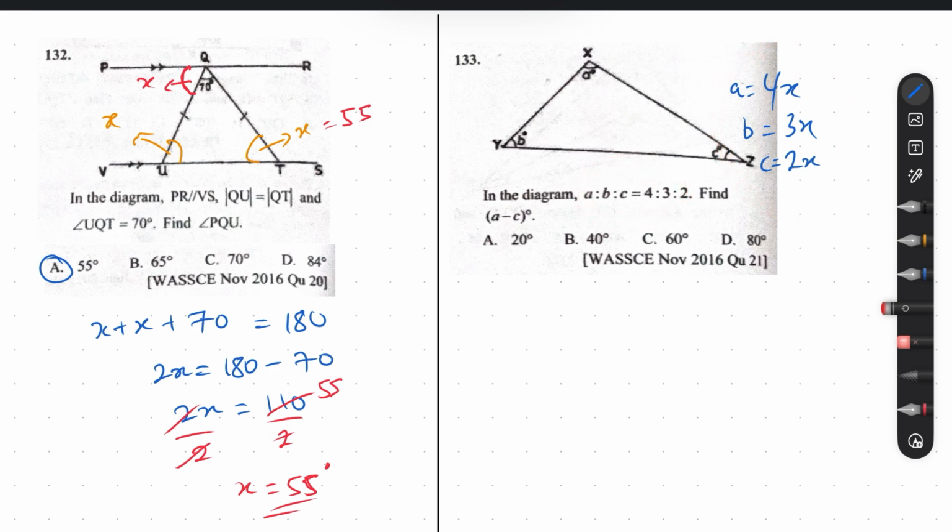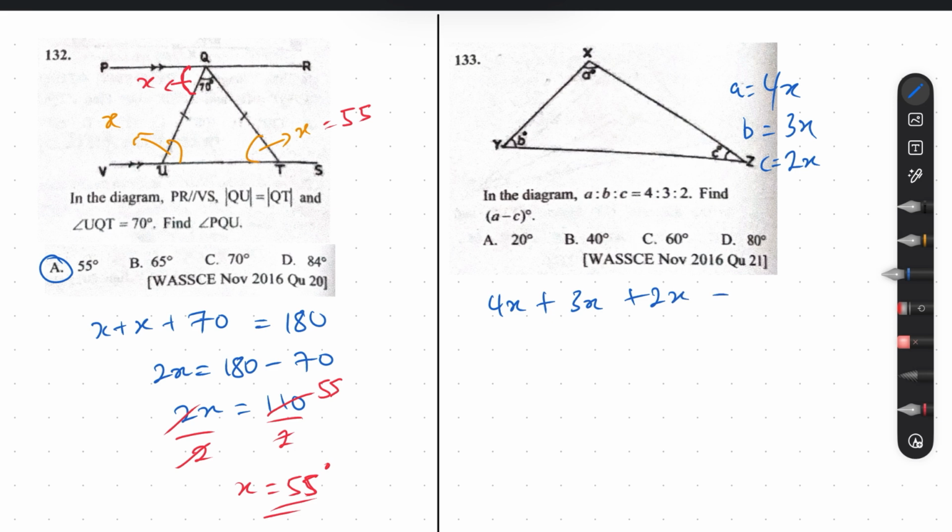Now we just have to add the angles and equate it to 180. We know that A is equal to 4x, where x is a certain constant. So we add them together: 4x plus B, which is 3x, plus C, which is 2x.